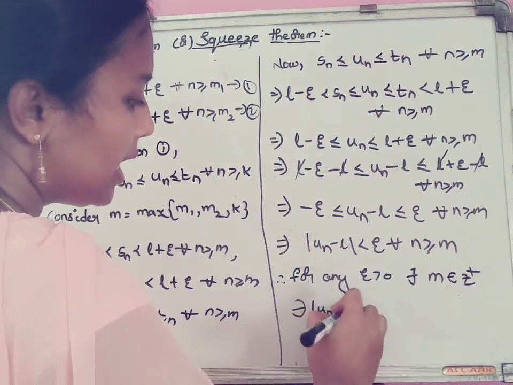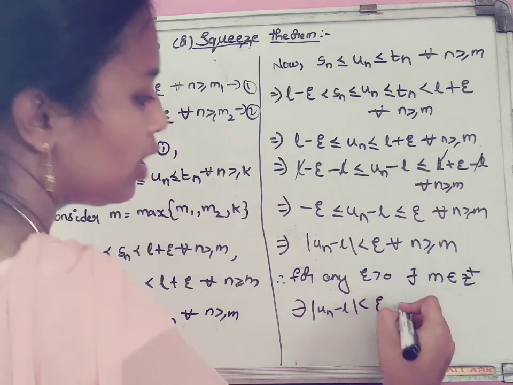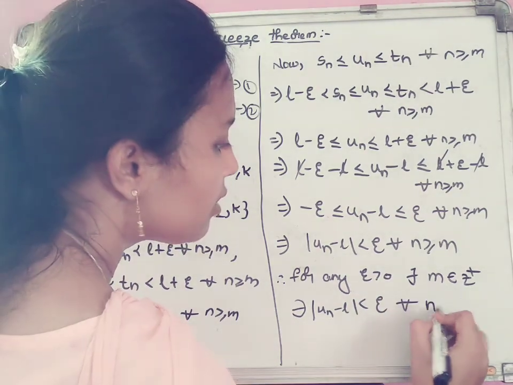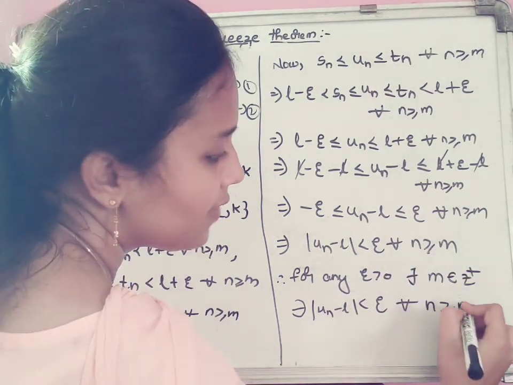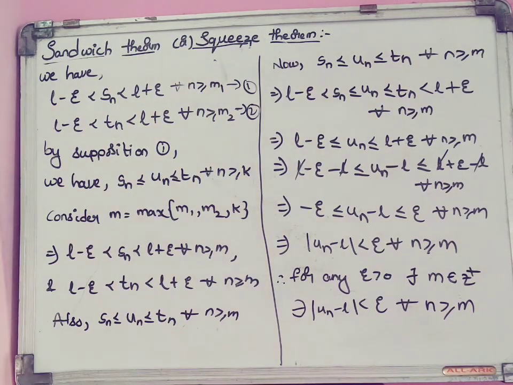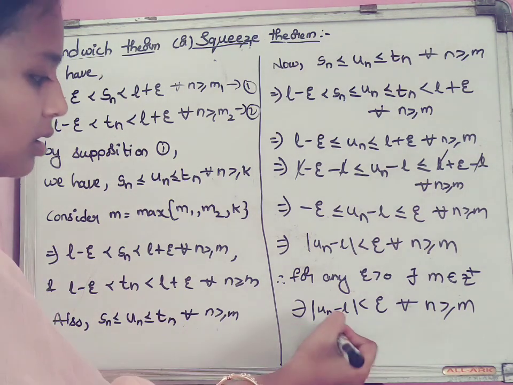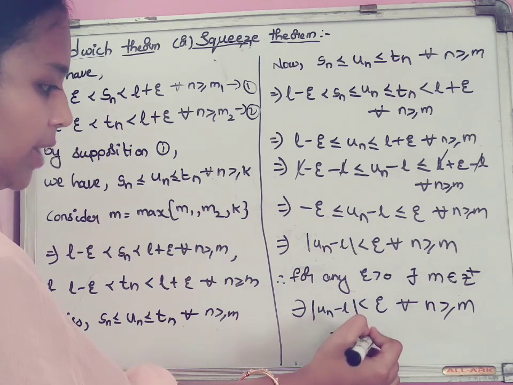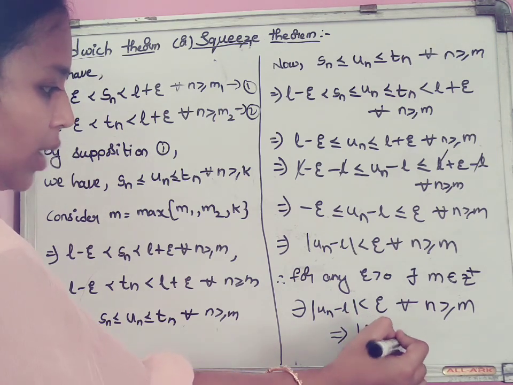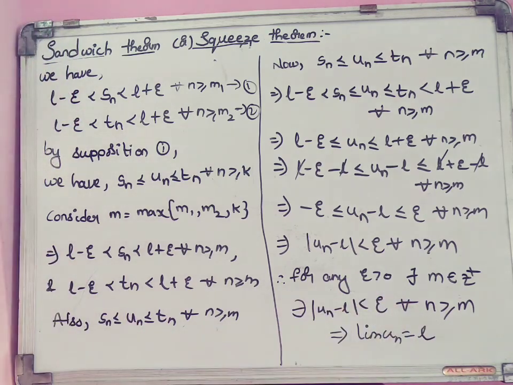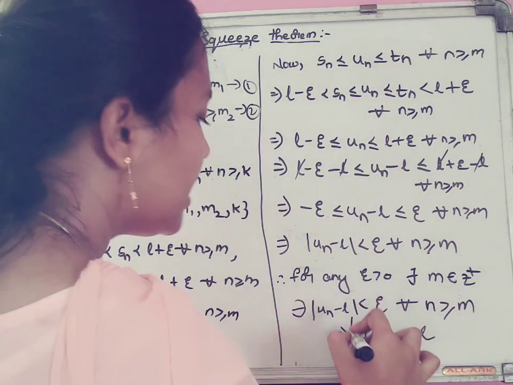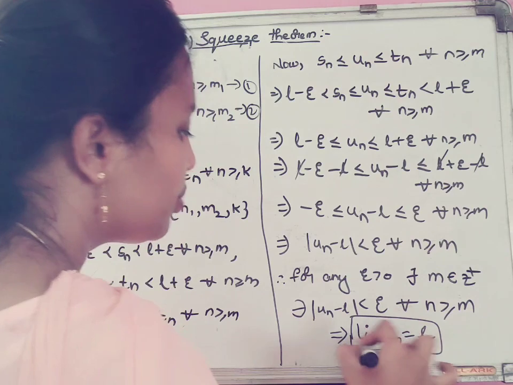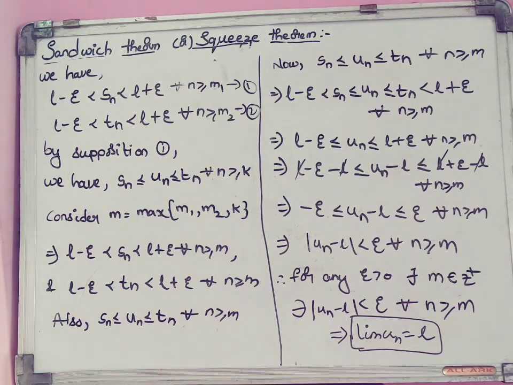Modulus of Un minus L less than epsilon for all n greater than or equals to m. This is our condition. This is the definition of limit of a sequence. So by this we can write limit Un is equals to L. This is the condition we need to prove.